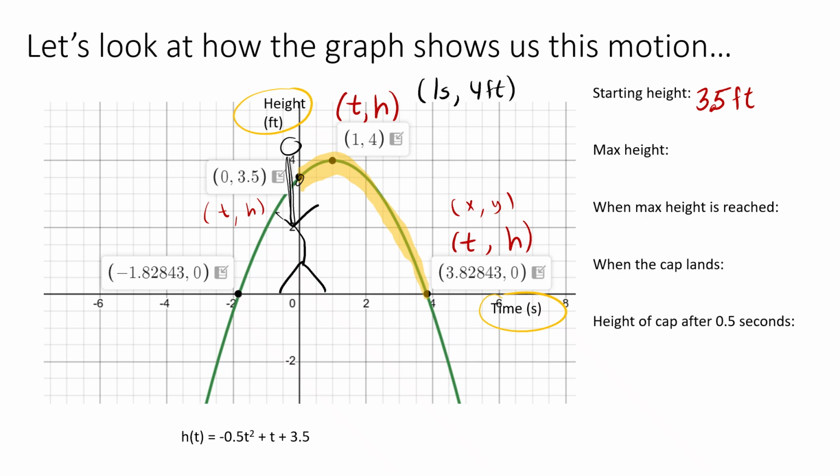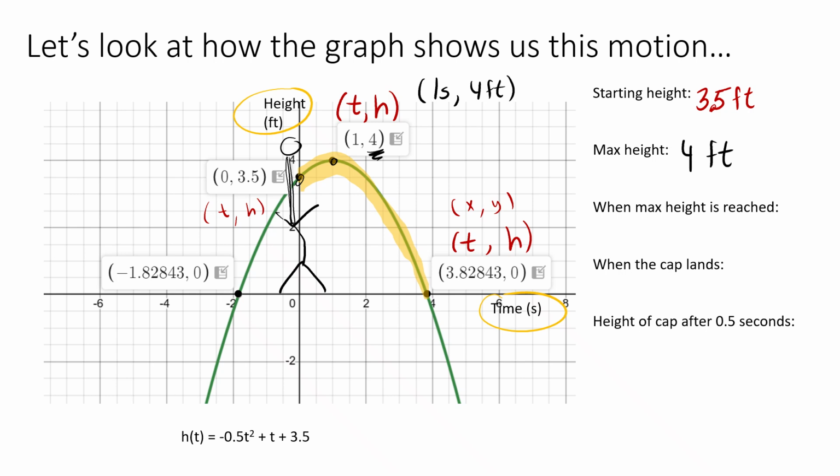That is our ordered pair. So what is the maximum height? The maximum height is going to be at that vertex, and the height there is 4 feet. So it goes up 1/2 foot from where it started. It started at 3.5 feet and it just went up a little bit, up to 4 feet.